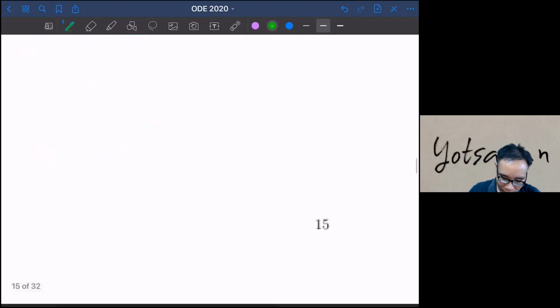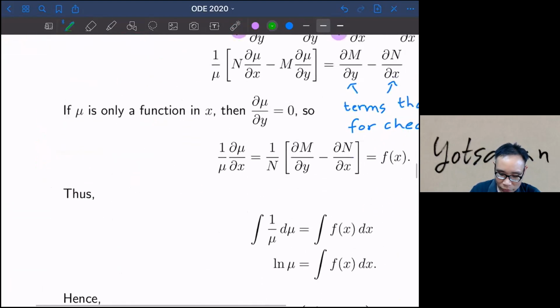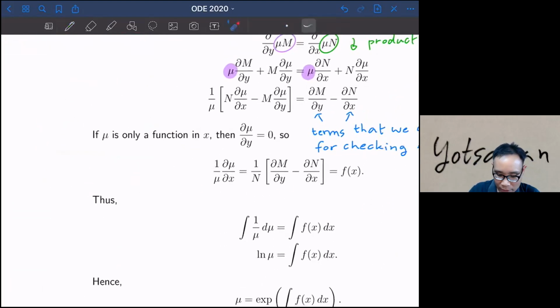And then go back here. You see that when you subtract dM/dy minus dN/dx, you're gonna divide by N. The thing you need to know is that N comes from this line, and you divide both sides by N in order to get rid of N. So this term is already equal to 0, and we need to get rid of this N. So we get 1 over N like this.